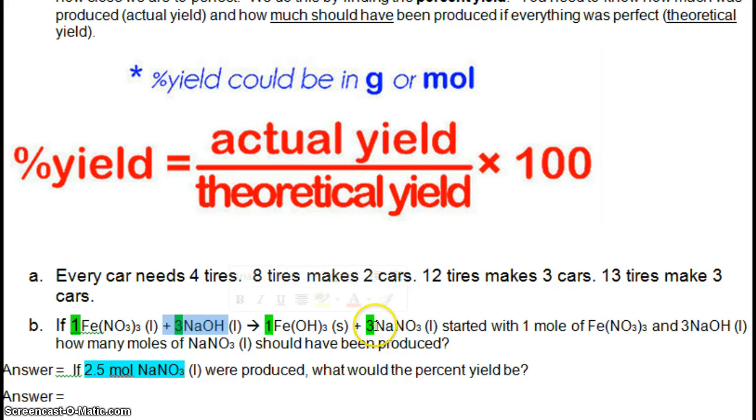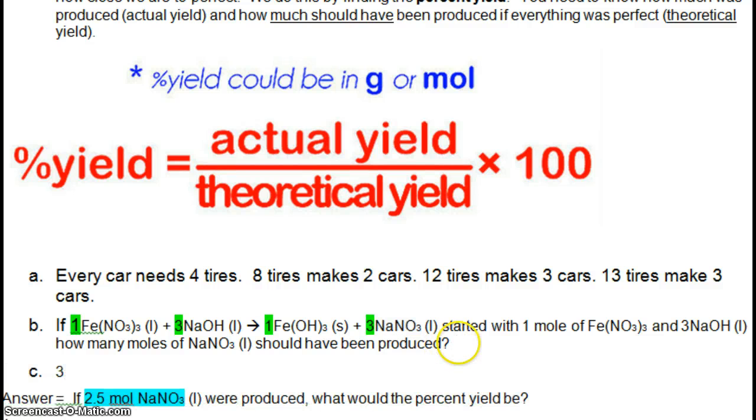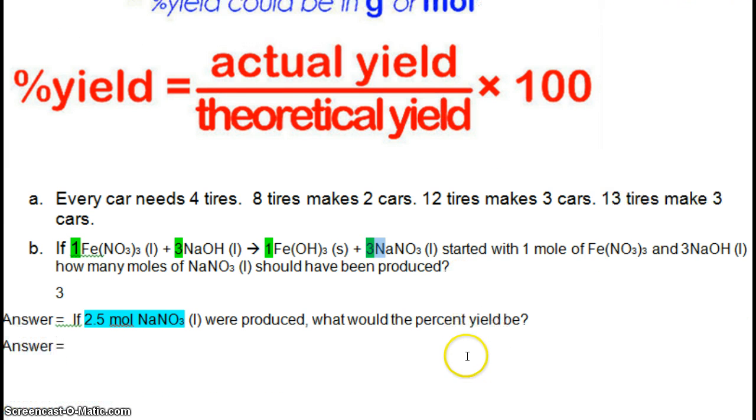How much of this should be produced? How many moles or how many molecules or how many copies of sodium nitrate will be produced? Well, the answer is 3. And I know that because of the 3 in front here. Now it says if 2.5 moles was actually produced, what would the percent yield be?